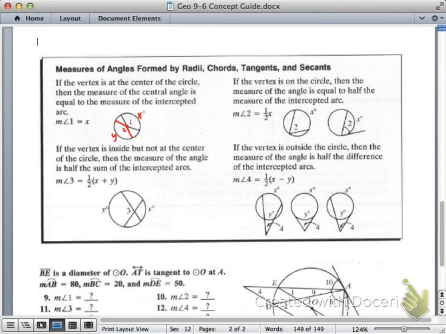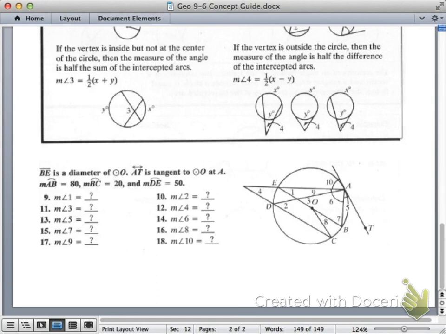Those are both central angles, angles 1 and 2. So the measure of angle 1 still equals 1/2 of x plus y in this case. So central angles are really no different than what we're doing new in this lesson. Now for a challenge, I encourage you to do these pieces right here.